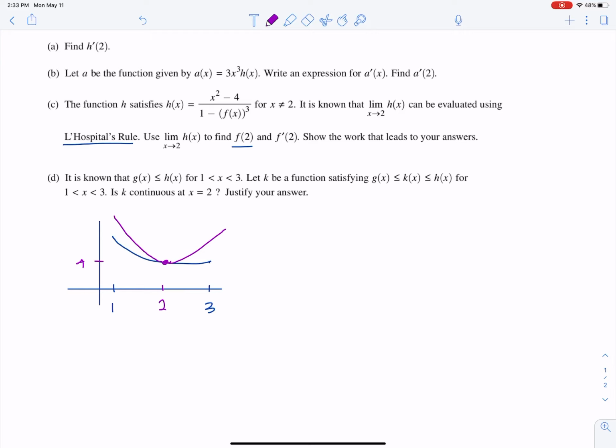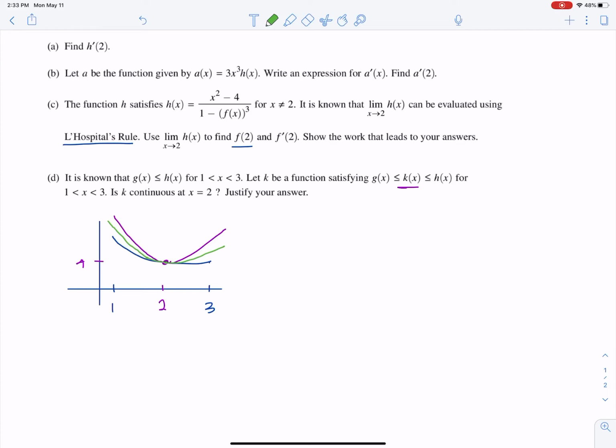Now, they tell us that k of x is in between both of those functions from 1 to 3. So we have this third function, k of x, and they want to know what the value of k is when x equals 2. Well, k lies in between, but what happens when we get to 2? Since both functions equal 4 from up top and below, k has to be equal to 4, because it's squeezed in between those. Those two things equal the same.